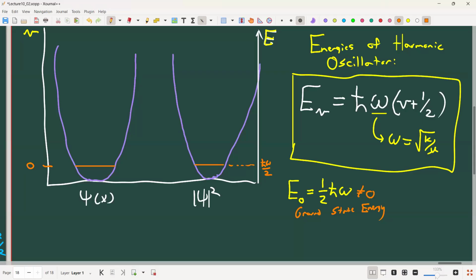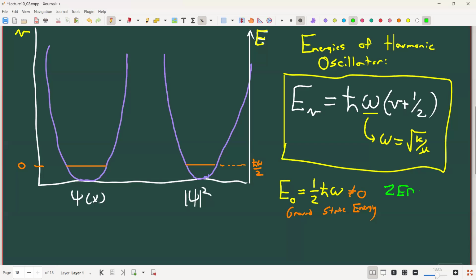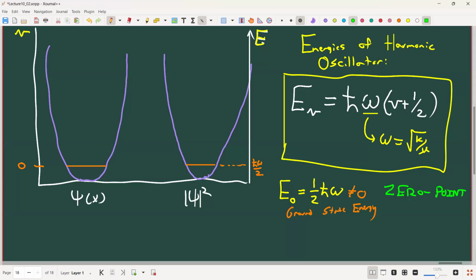I'm not really quite ready to make that argument to you yet, but that's the consequence of this. The idea is that the spring always has some energy. And we have a special name for this energy, what the chemists call it. Well, the physicists do too. It's called zero-point energy. We'll explore the consequences of zero-point energy in this class after spring break.